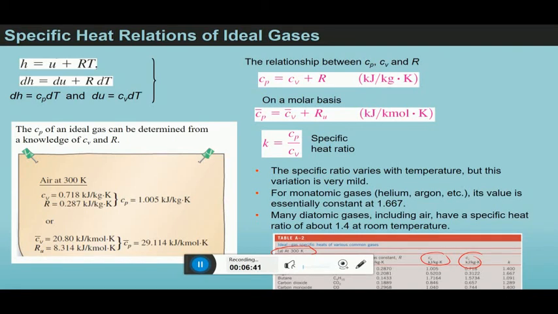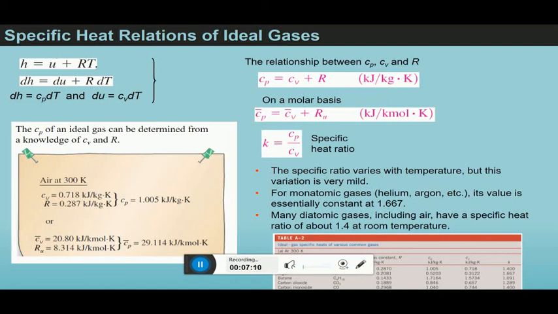And in table A2, subtable B, you have Cp, Cv values and R values for different temperatures. So if the problem that you're solving is around 300 Kelvin, you can use table A2A. But if the temperature deviates considerably from 300 Kelvin, you have to use table A2B.